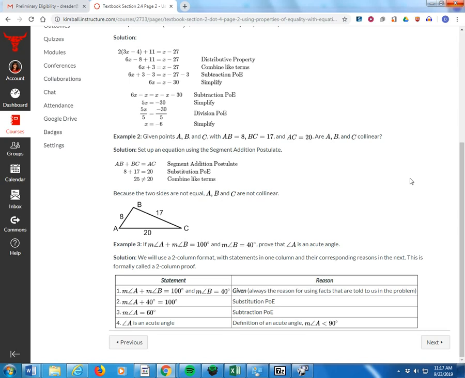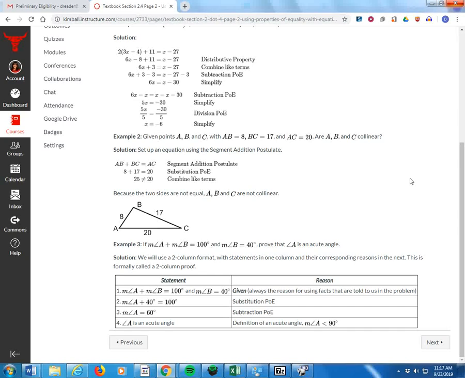And I think in Big Ideas, a lot of the proofs that you're given, you'll end up getting statements, and then you just have to order them. So you're not having to write these out on your own. You're going to actually get the reasons, and then you've got to match the reasons up with the statements that are in the proof, if that makes sense.